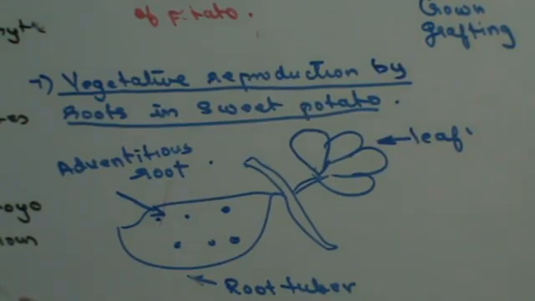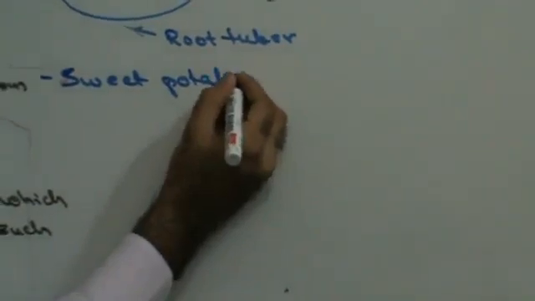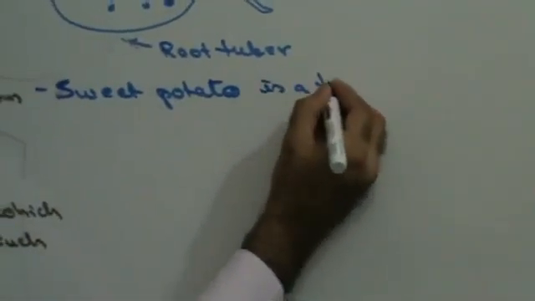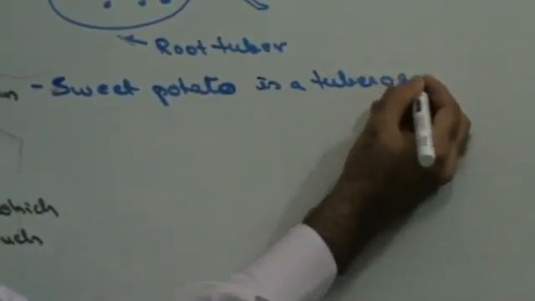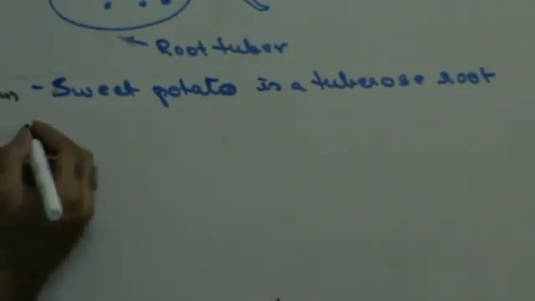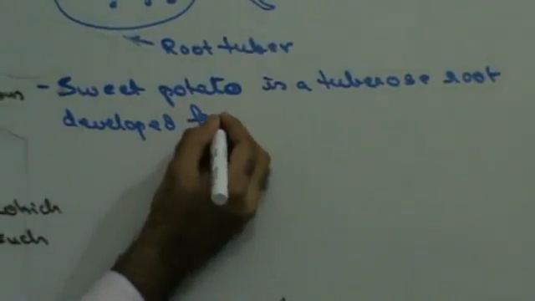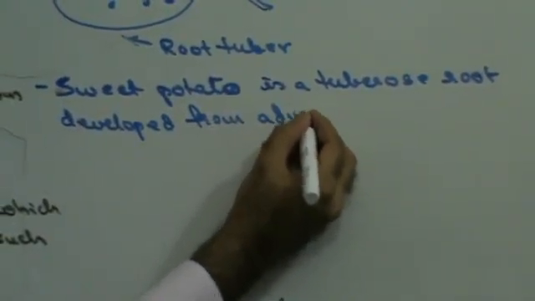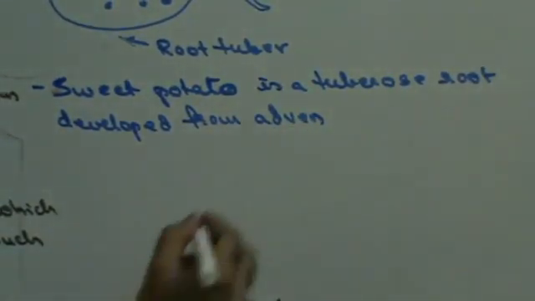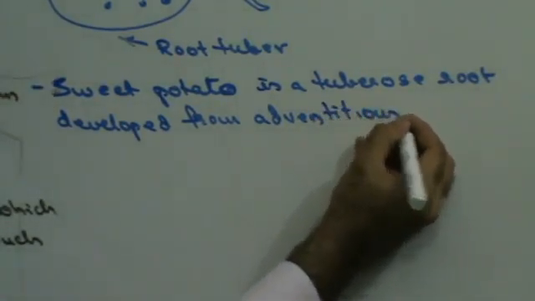See, what would happen is, sweet potato is a tuberose root developed from adventitious roots.